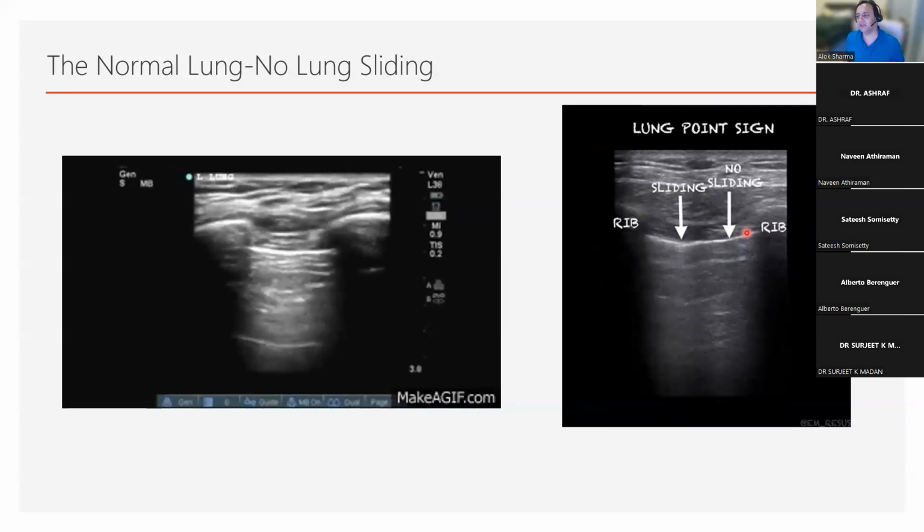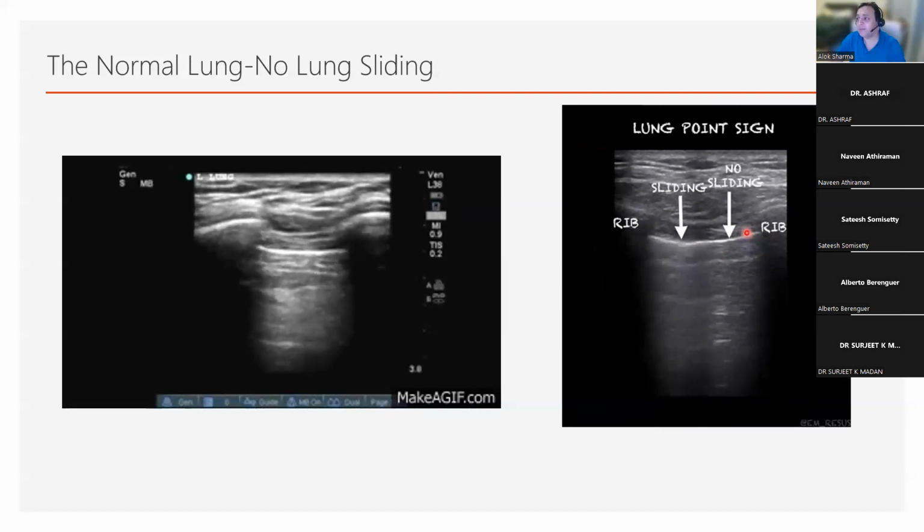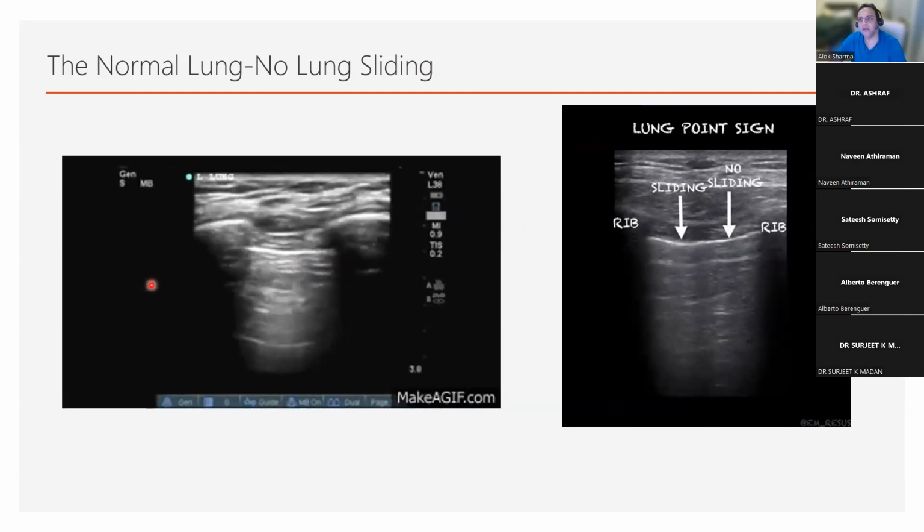There may be situations where you've got paucity or absence of lung sliding that are explained by other clinical conditions, and pleural adhesion can be one of them. So if you've had previous chest drains in, or any reason to believe that, just be a little bit cautious. So that's no lung sliding for you.